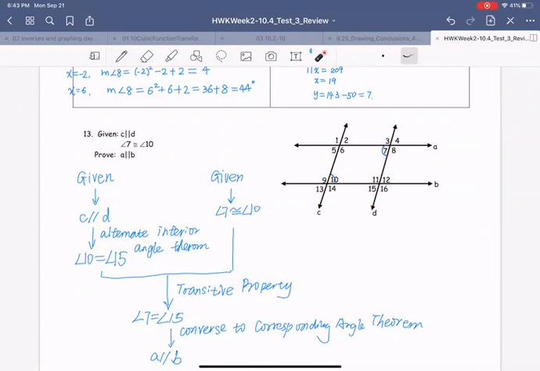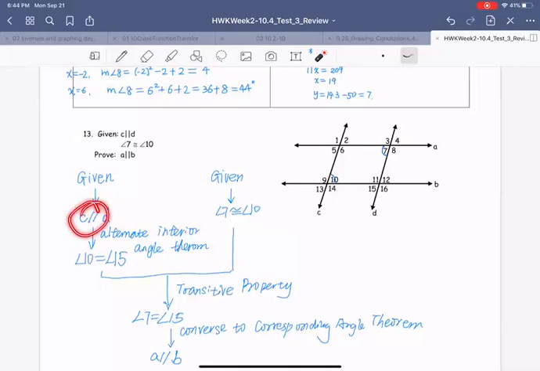Based on this, they want you to prove that line A is parallel to line B. We did this in the flow chart, and also in the two-column way. We always start from the given condition, so we write down given: C is parallel to D.